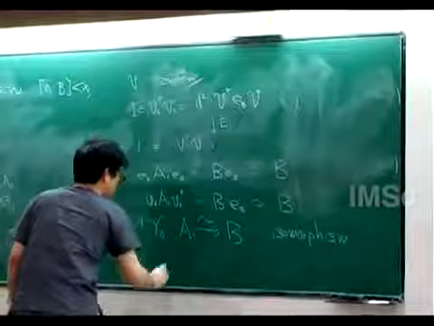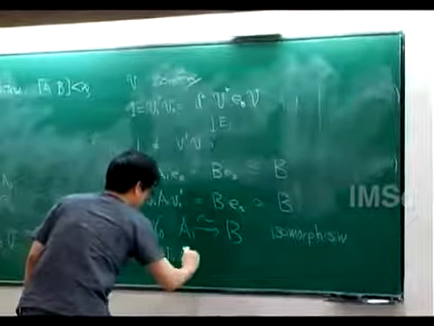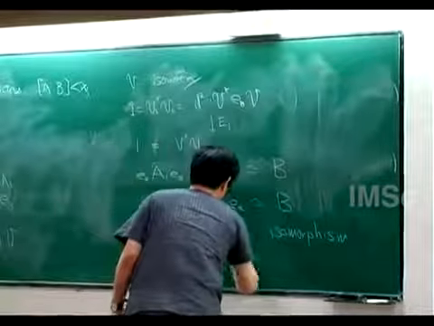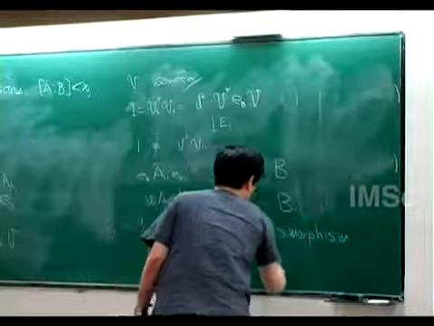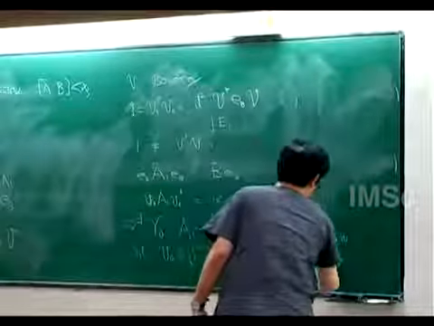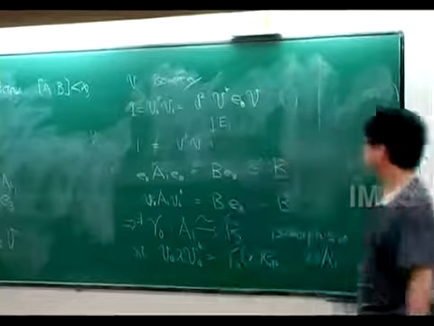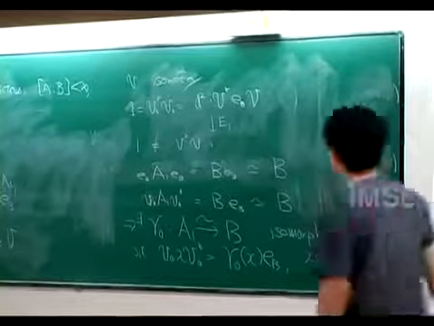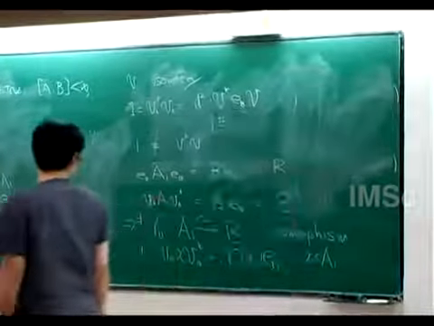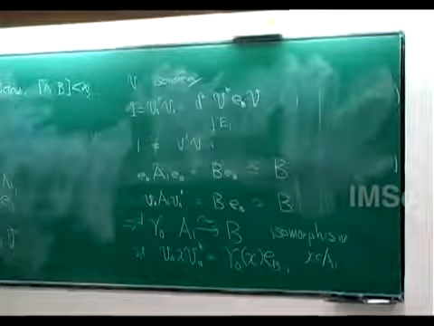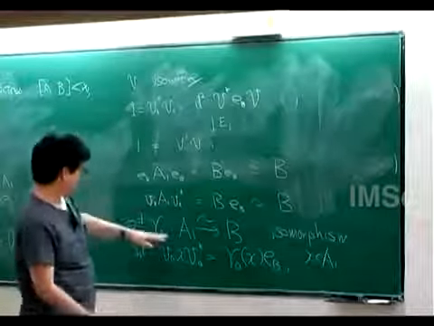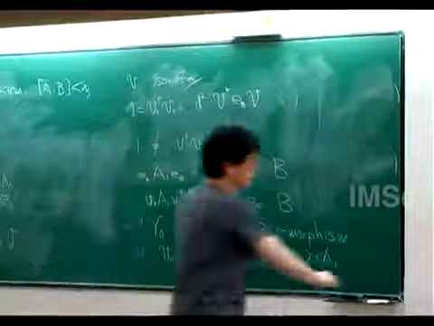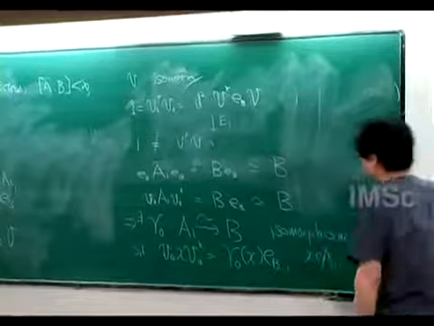So this is an isomorphism from A1 onto B. Okay.